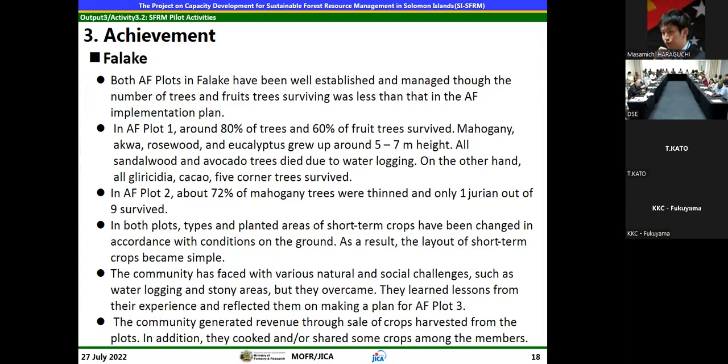The community also generates income from the sales of crops harvested from the plots. They also cook, and cooked food and harvested crops are shared among the community members.